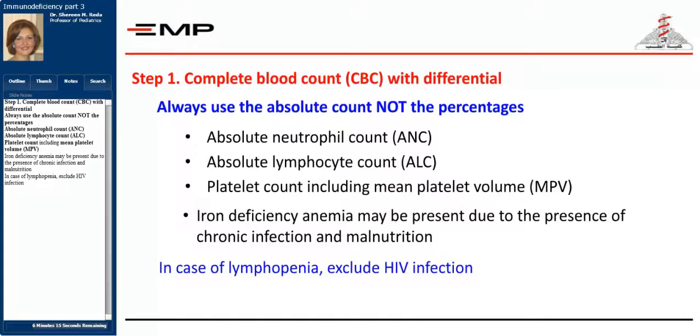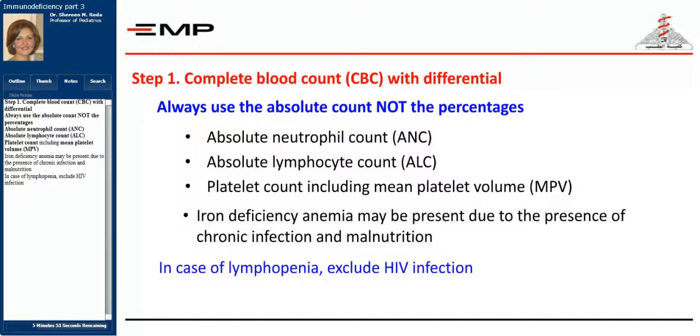For step 1, we have to do the complete blood count with differential. And always use the absolute count, not the percentages, because you get the white cell count in number. Then you get, for example, the neutrophil percent of the white cell count. Here, I ask you to calculate the absolute neutrophil count and the absolute lymphocyte count. You have to look at the platelet count, including the mean platelet volume.